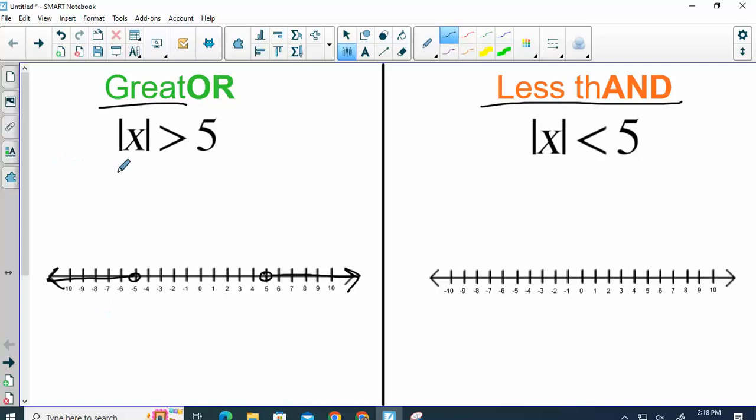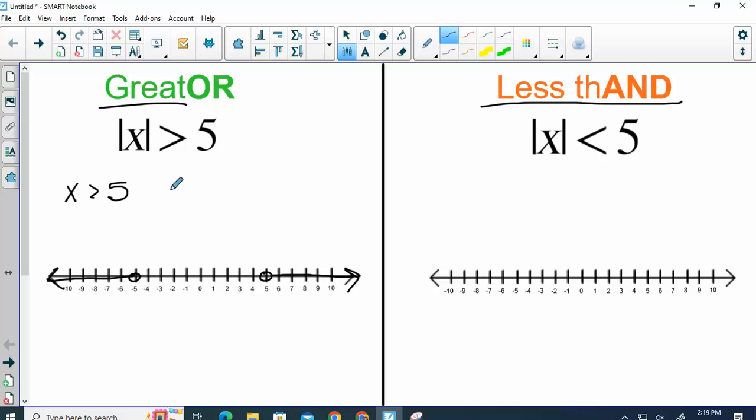Okay. So when we set these up, we have to write it without the absolute value. So we write our or statement. And everybody should write this down, because if you ask me for help today, I'm going to tell you to pull out this paper, and if you don't have it, I'm not helping you. The absolute value of x is greater than 5. So the first one, that just means x could be bigger than 5.